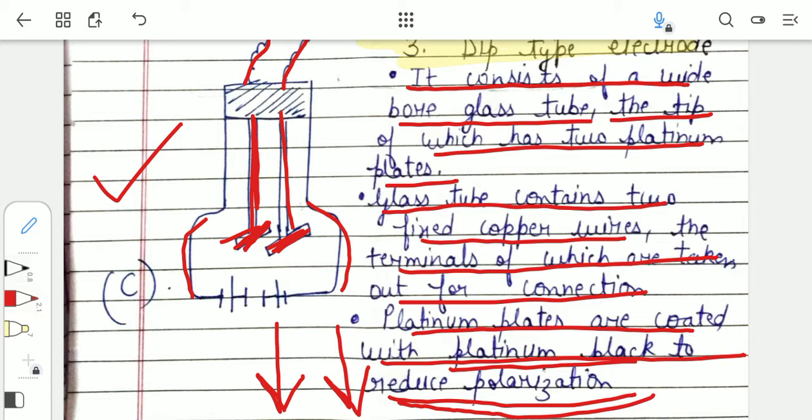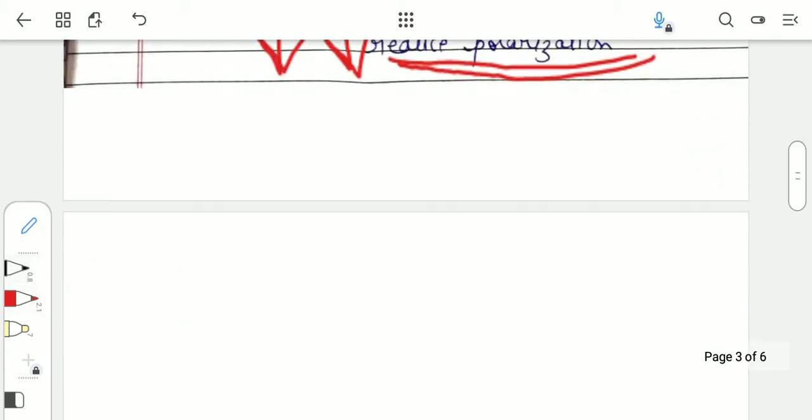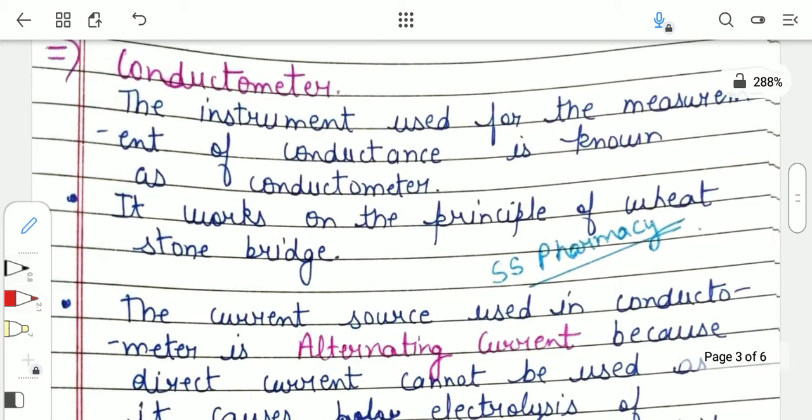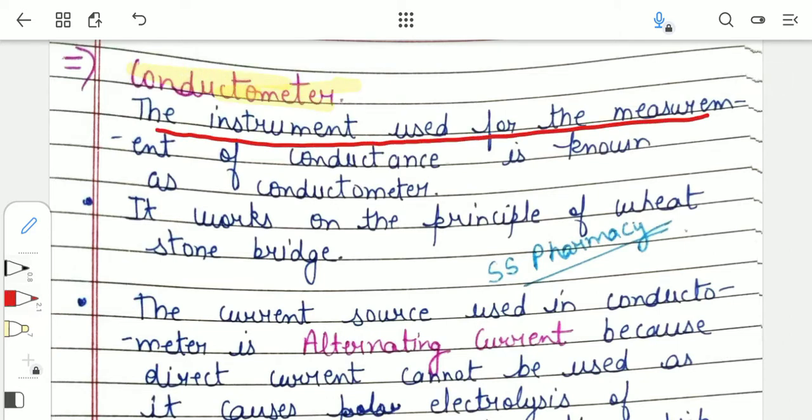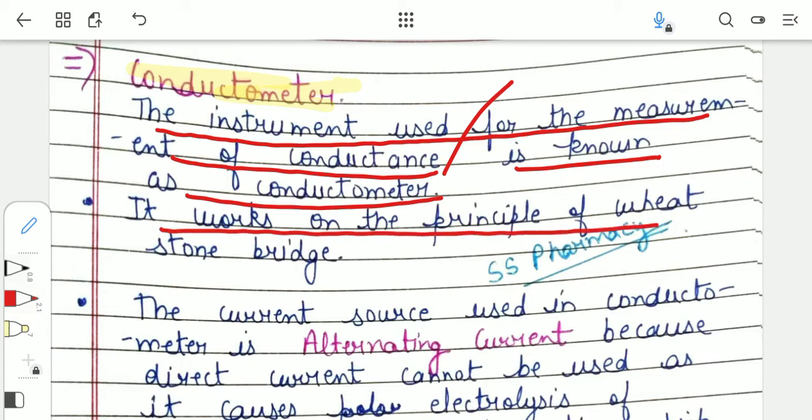Now let us talk about the second component used in conductometric titration, and that is the conductometer. The instrument which is used for the measurement of the conductance of any electrolytic solution is known as the conductometer, and it works on the principle of the Wheatstone bridge.